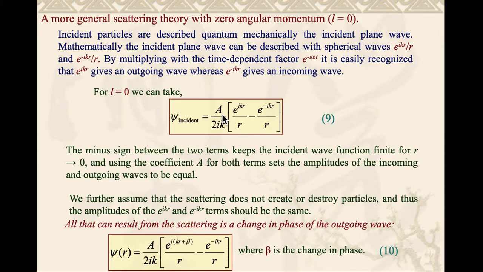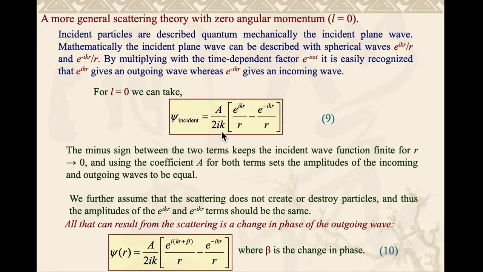We have mentioned that you have an incident wave, and you have a scattered wave and a transmitted wave. That means it is going without any scattering. So we have considered the psi incident as it is coming and going.